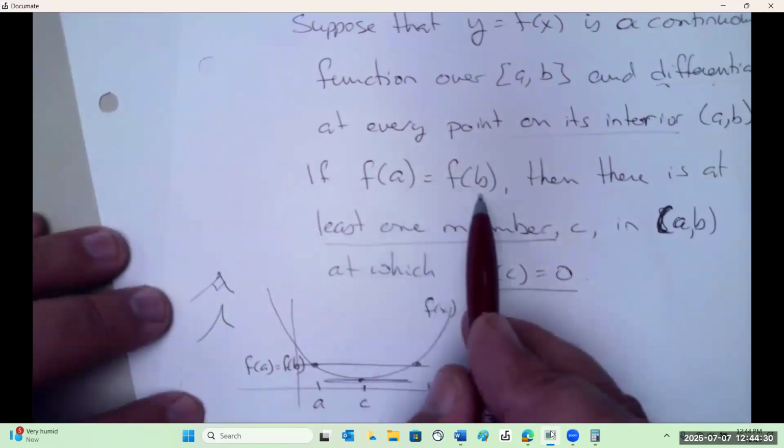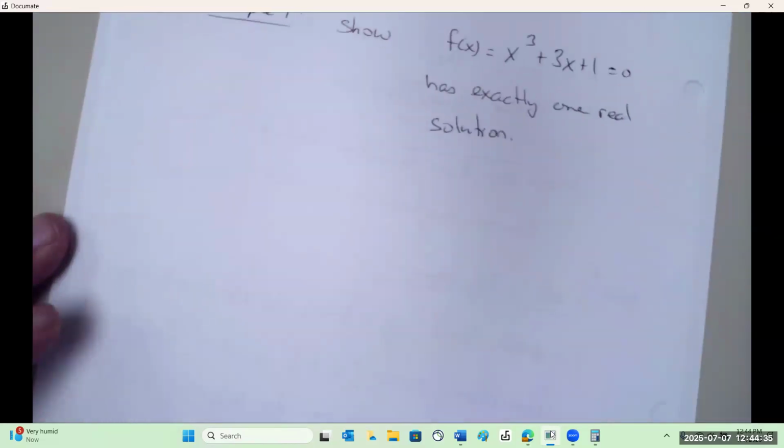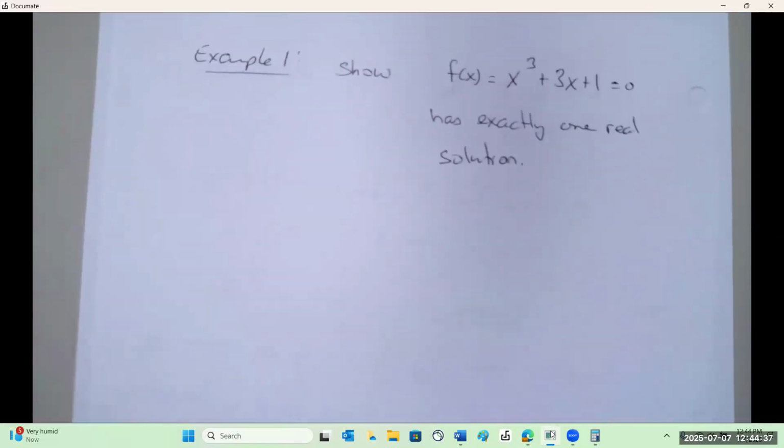If f of a equals f of b, does f of a equal f of b anywhere? Can we find two x values where it's true?